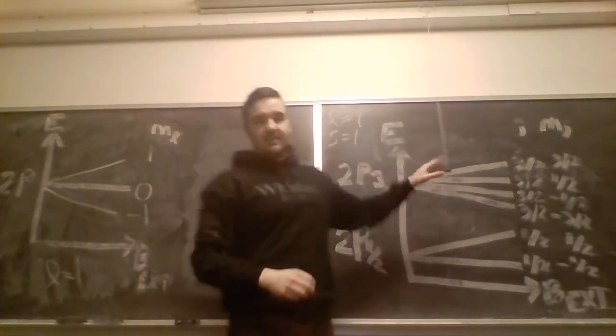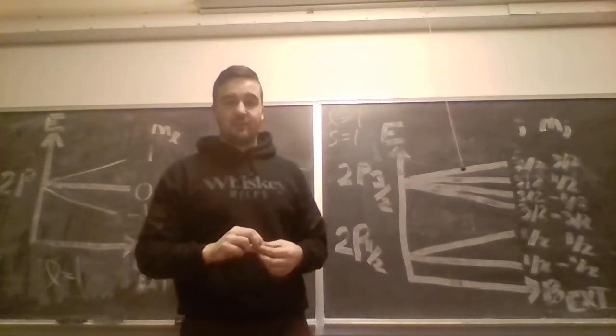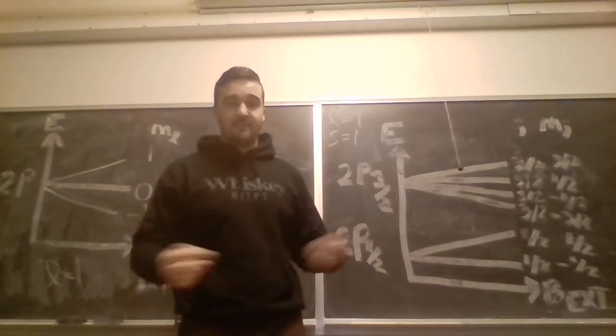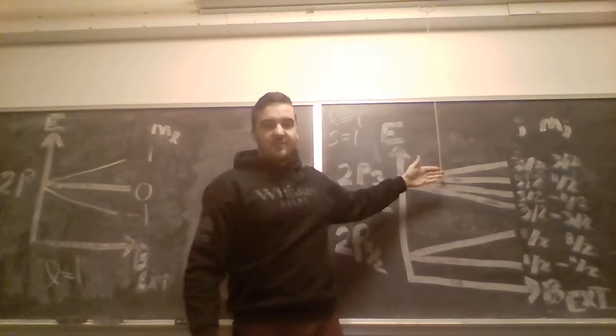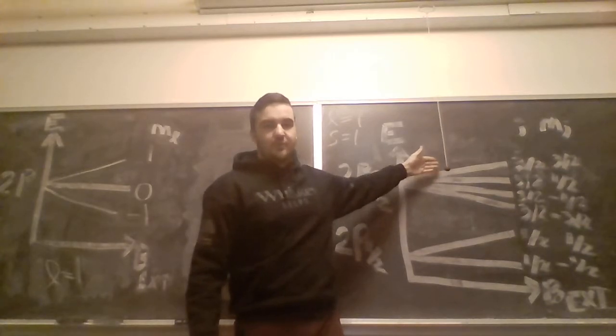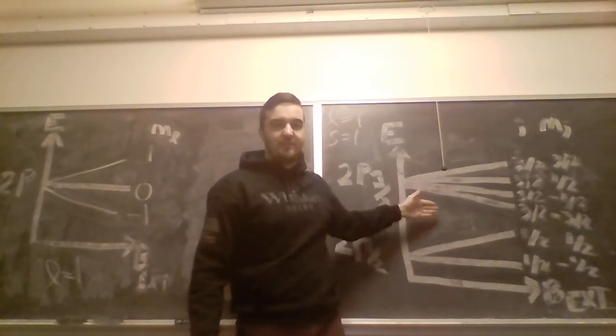And so J can equal L plus S, which is 1 plus 1/2, 3/2. So M sub J extends from J to negative J by integer values: 3/2, 1/2, negative 1/2, and negative 3/2.